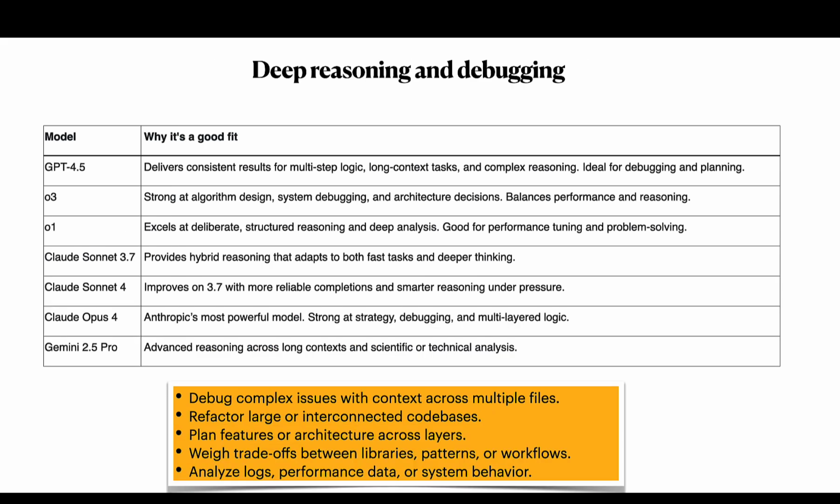Now coming to deep reasoning and debugging. Here most of the people struggle. They want to debug complex issues with context across multiple files, because in a framework you will have lots of files, hundreds of files, thousands of lines of code. So if you take the basic model, which is for simple tasks, and you do the debugging, it will not fix your issue.